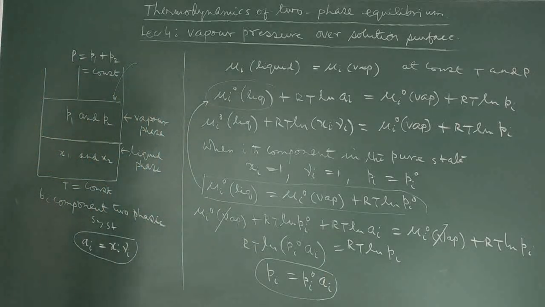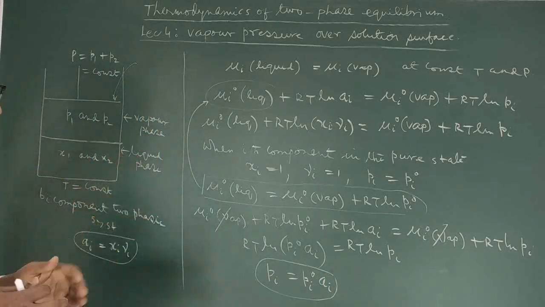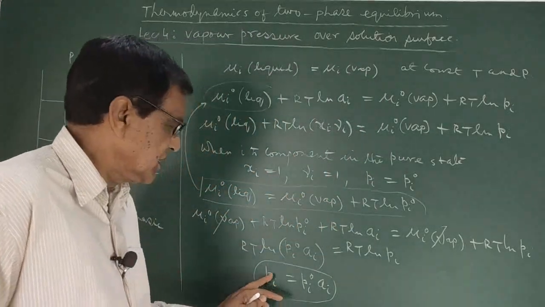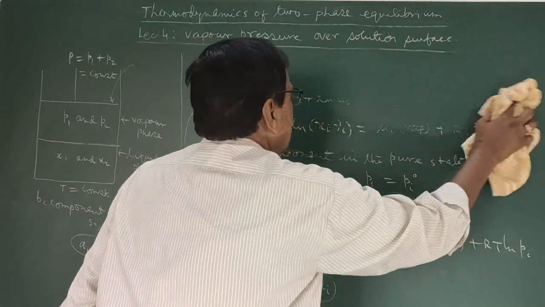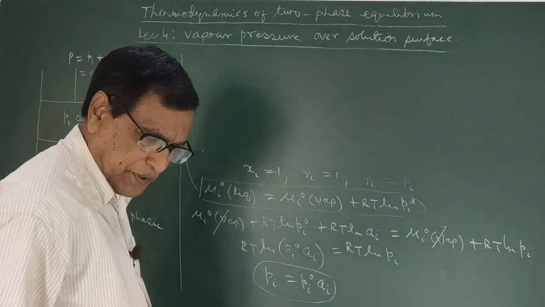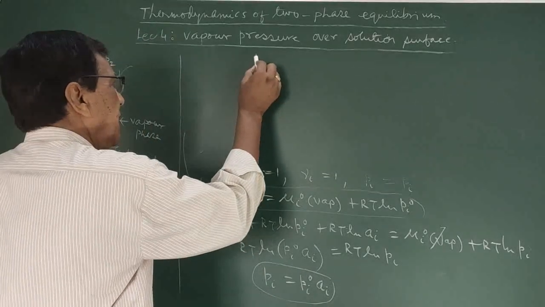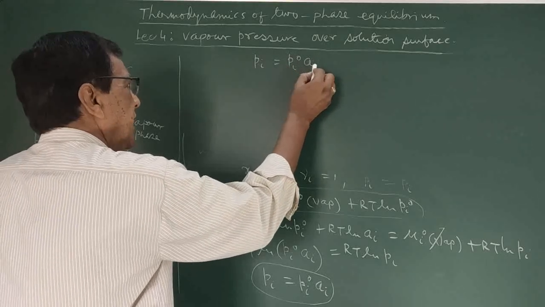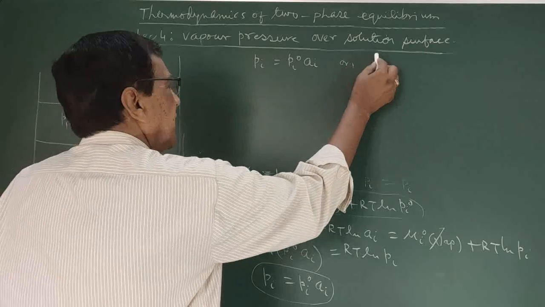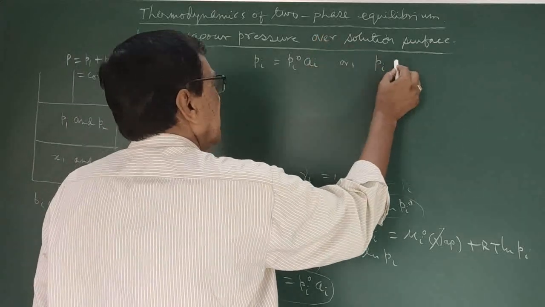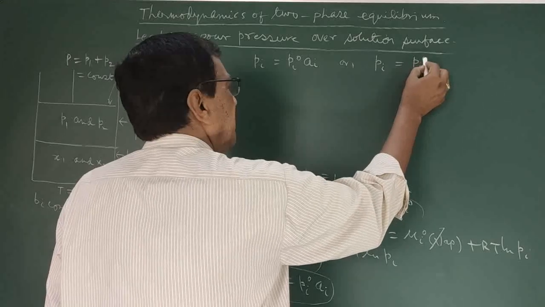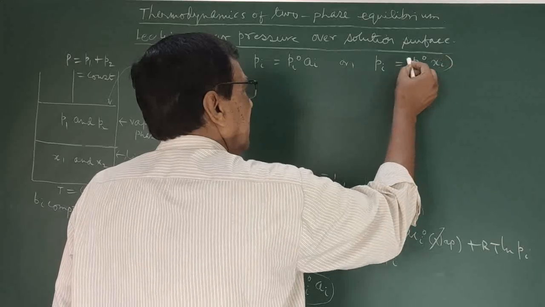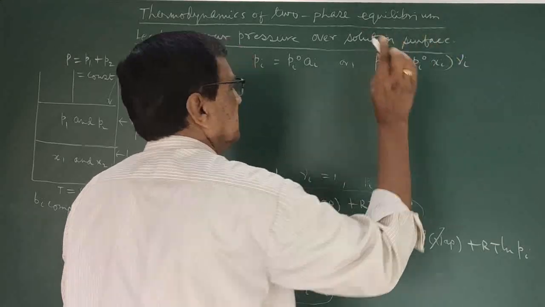This is derived thermodynamically without considering whether the solution is ideal or non-ideal. This is the expression of the vapor pressure of the ith component. Let us expand this expression. P i equals P i naught into a i, or instead of a i we can write x i and gamma i.